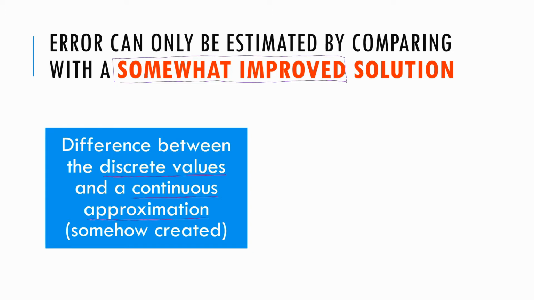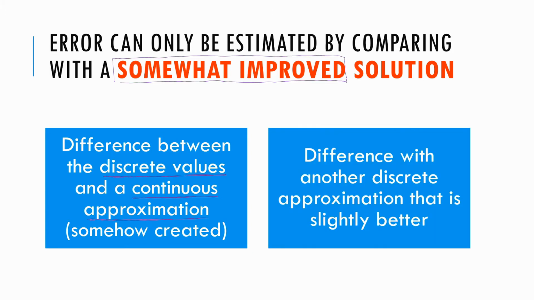So if we can get a continuous approximation, that must be somewhat improved. The other one, which is the most common way of getting this somewhat improved solution, is the difference. So we get the error as the difference between the solution we got and another discrete approximation. So yet another discrete approximation. So we do not have the true solution, but it's another discrete approximation, but one that is slightly better. So we're going to do two of these.